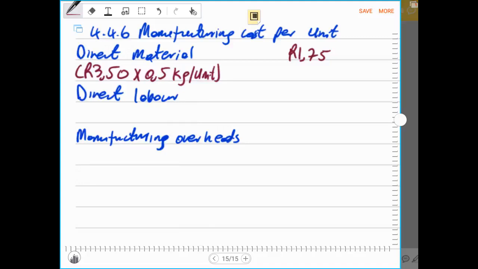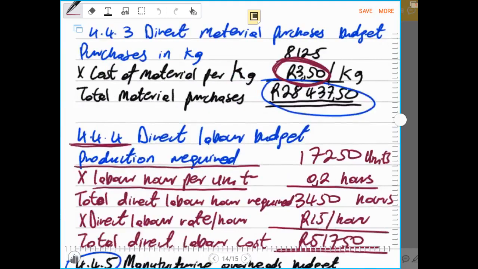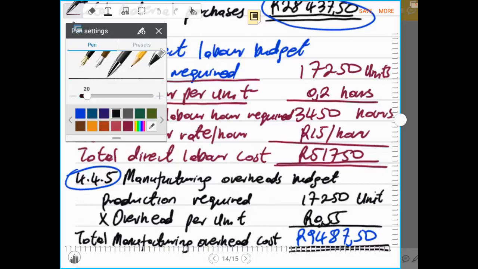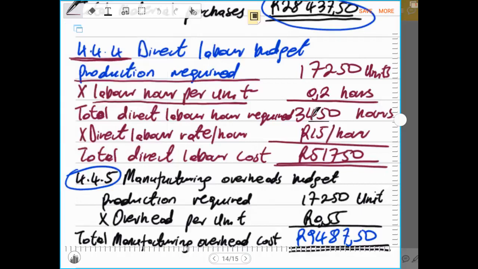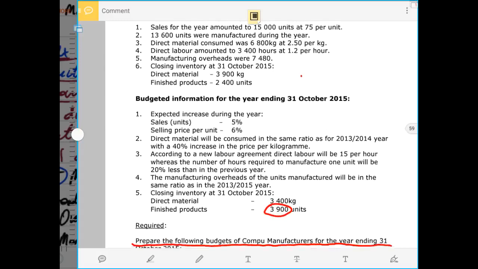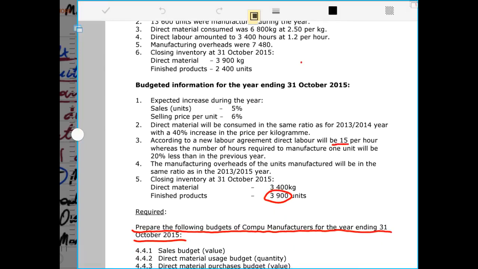Then we come to direct labor, and for direct labor we need to know how much the employees are paid per hour. As far as I know, the employees are paid 15 rand per hour. We did calculate that and show it under the direct labor budget, and even in our information we were told that employees will be paid 15 rand per hour.